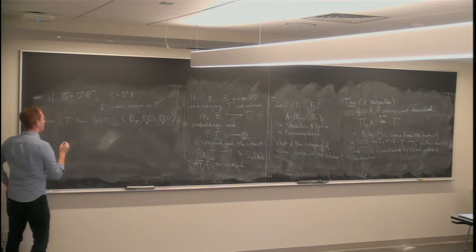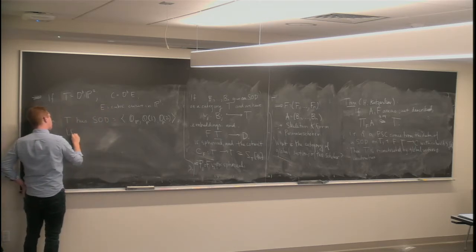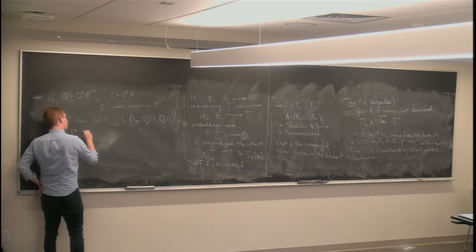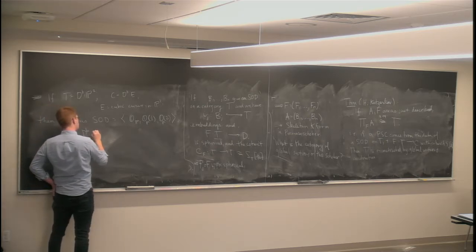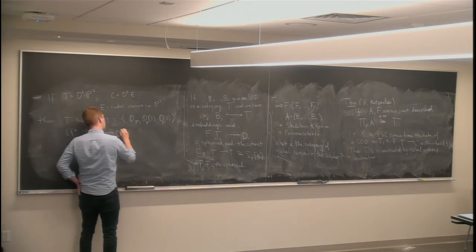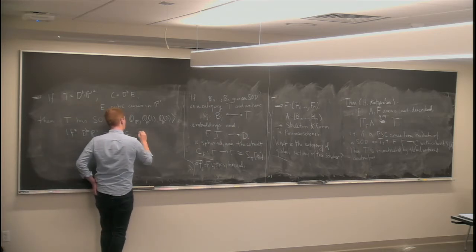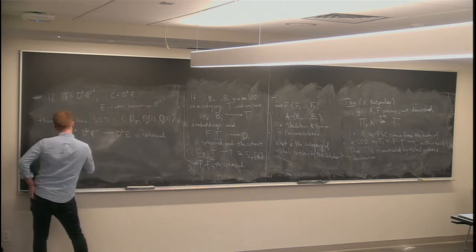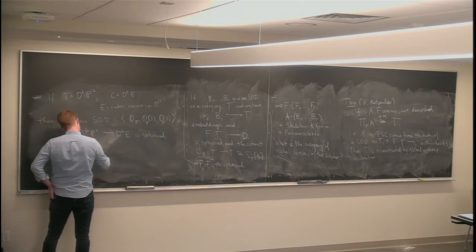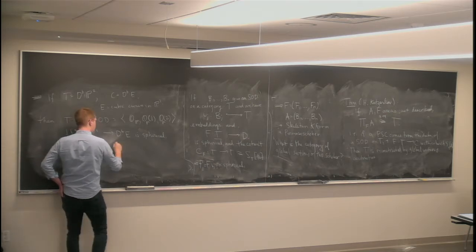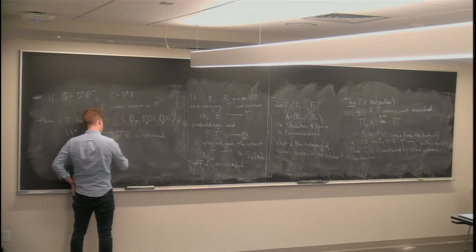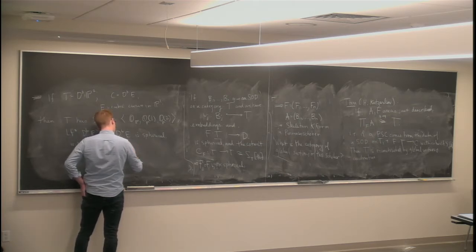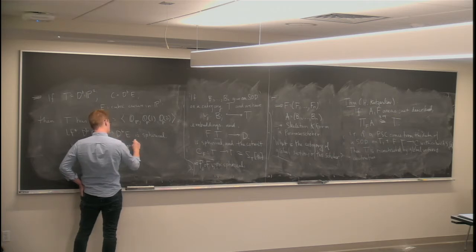Okay, it has a semi-orthogonal decomposition, and the functor from P2 to O_E is spherical with cotwist given by tensoring by omega_P2 shifted by one.